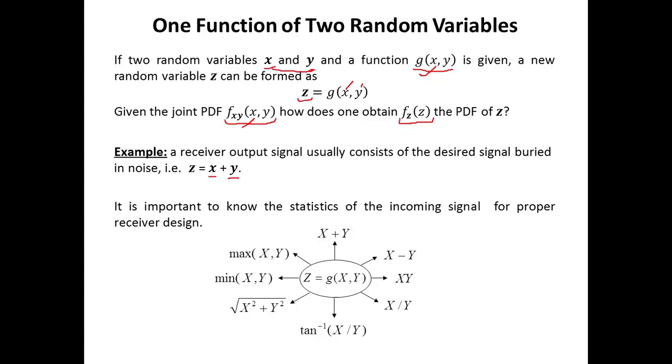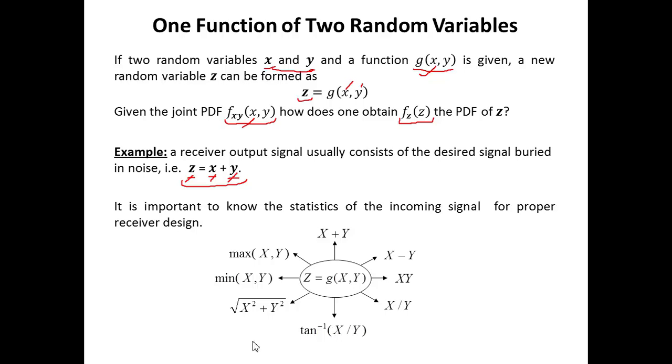Then at the output of the active circuit you will get Z as X plus Y. So X is treated as the first random variable applied as input, Y is the second random variable generated as noise inside the system, and Z is the third random variable that is available at the output of the receiver or the active device. This is just one example that in a practical scenario we may encounter a random variable which depends on two or more random variables.